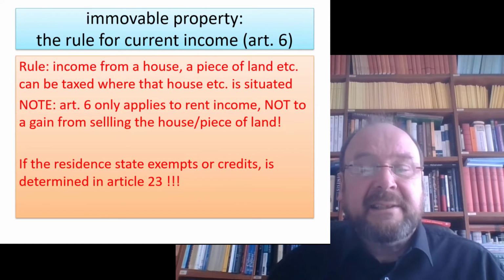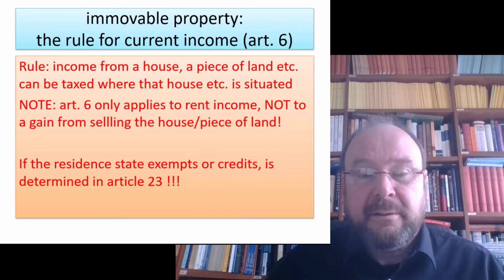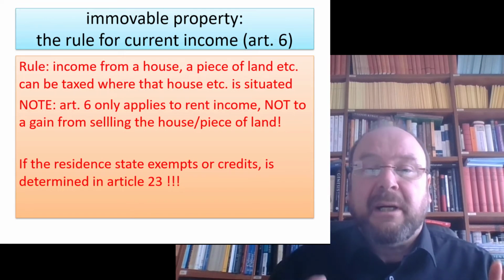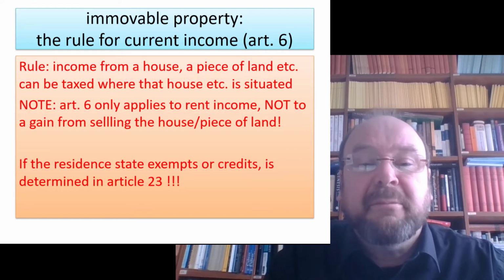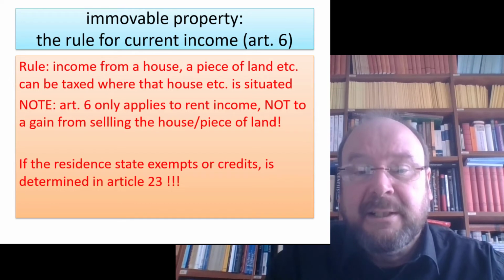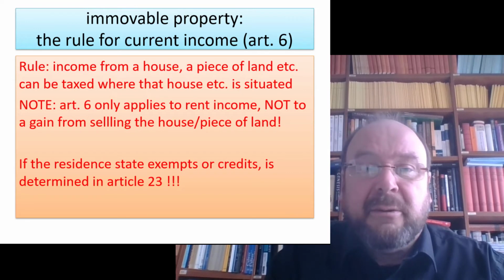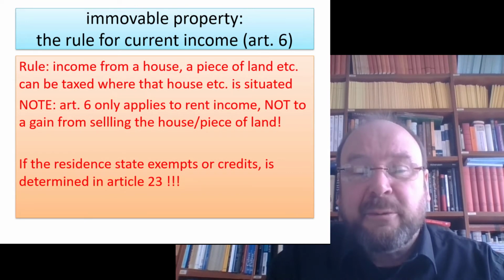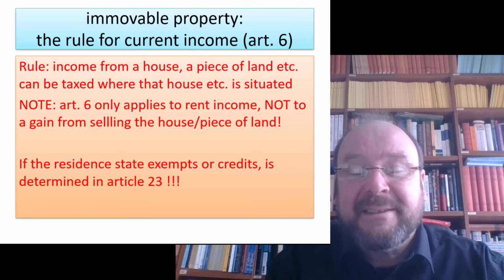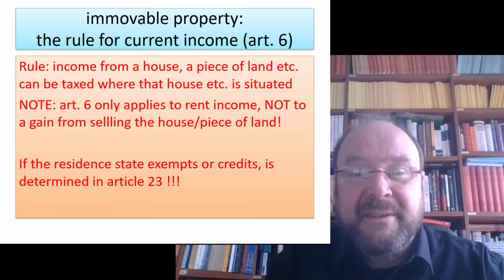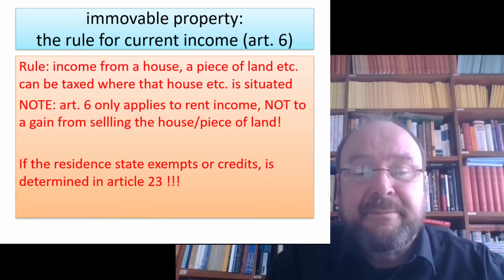Last but not least, let me give you a short overview about how current income from immovable property is taxed. Income from a house, a piece of land, and so on will be or can be taxed in the country where that house or so is situated. So the source country gets a right to tax.